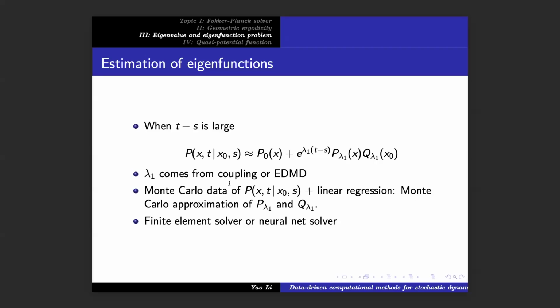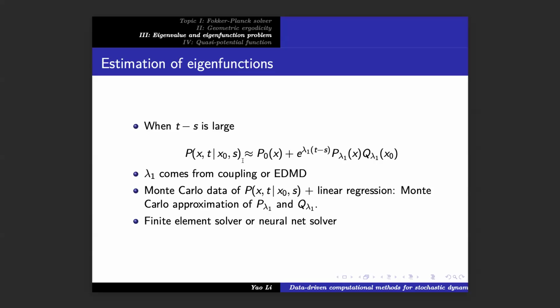If the dictionary is right, then you can get the first 10 eigenvalues very accurately. And EDMD can also get some approximation of the eigenfunction, although it's even worse than for the eigenvalue, and it depends even more highly on the dictionary.